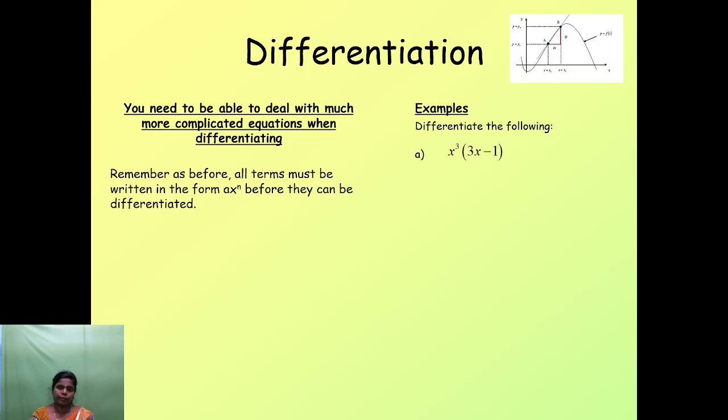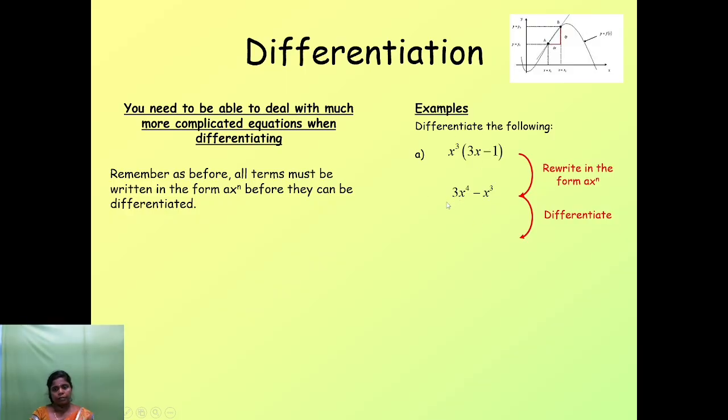Next example, x cube into 3x minus 1. Next we rewrite the polynomial, x cube into 3x minus 1, so you get 3 into x power 4 minus x cube.